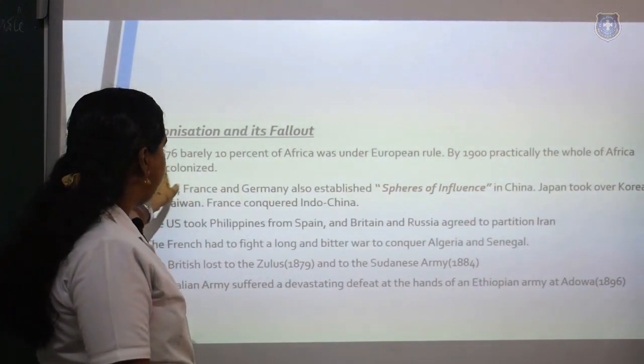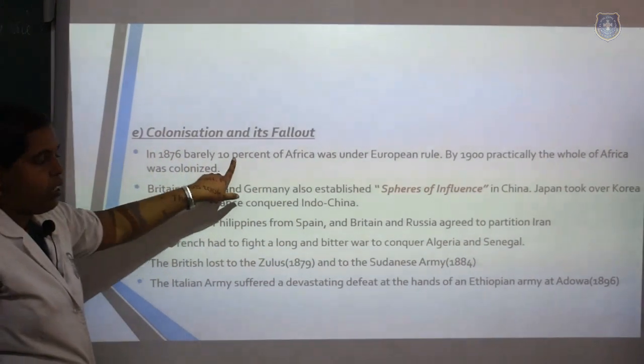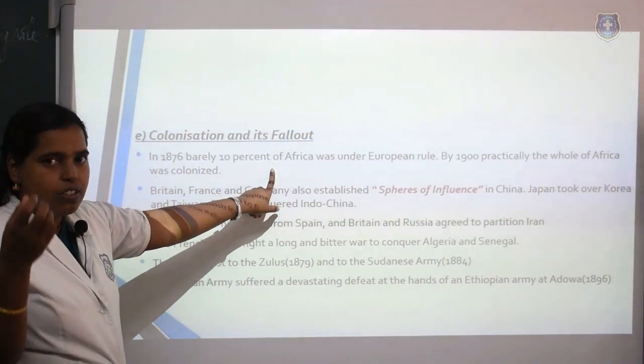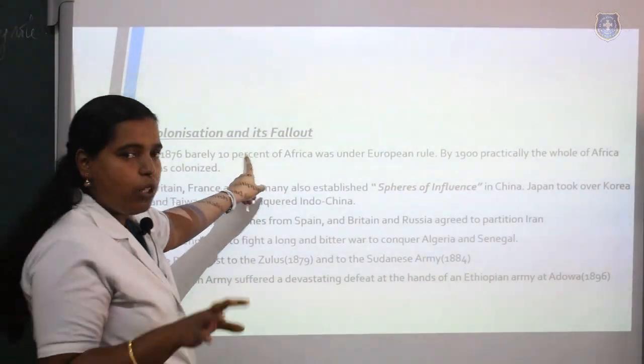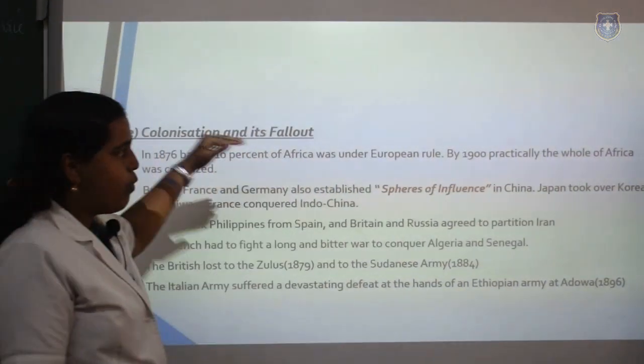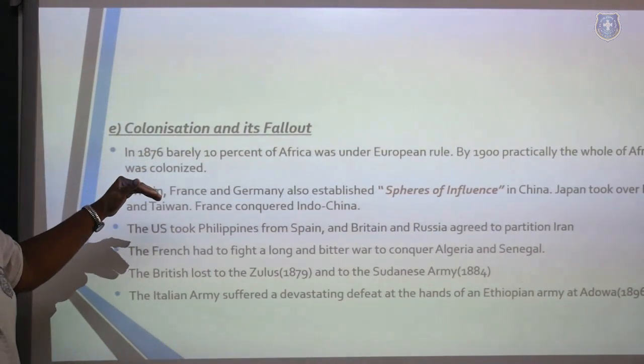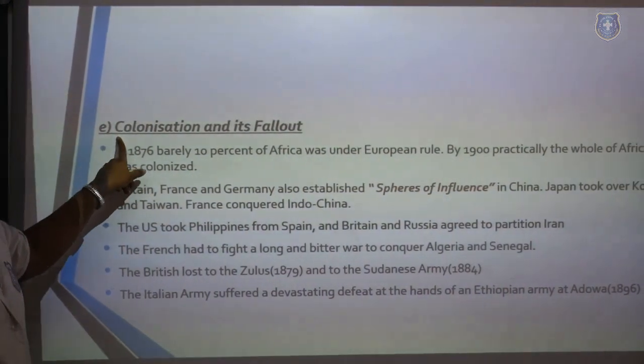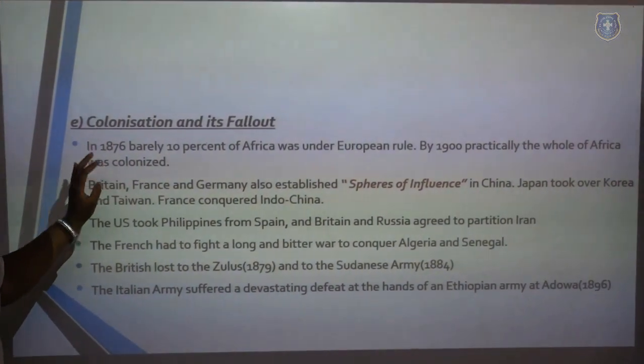That's what is happening here. In 1876 only 10% was there, they were getting in for trade under European rule, but by 1900 the whole of Africa became submissive to the European powers.